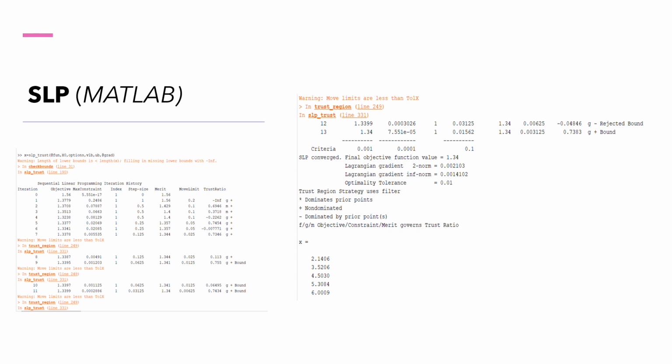For the options, we are setting some properties of the program to be shown, some of them like the tolerance that we are using, which is 0.001, and so on.